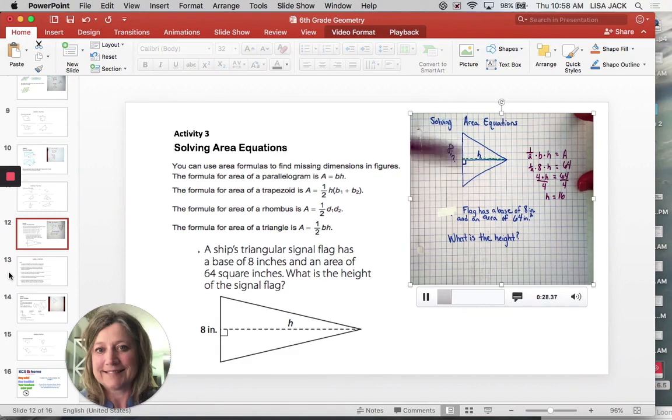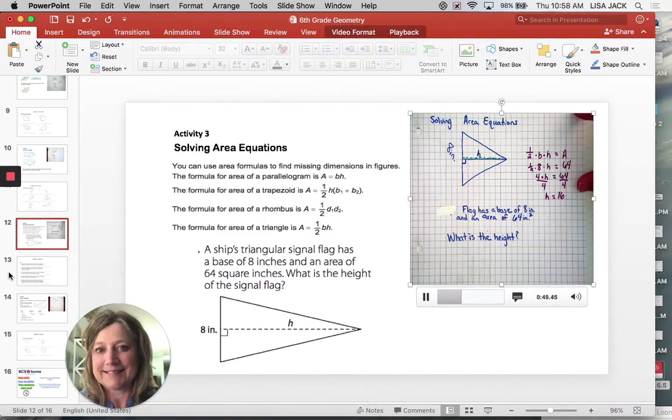That's the base right here. We know it's the base because it's connected to the height, and that little 90-degree angle shows us this is the height. And an area of 64 inches squared. That means everything inside here has to make 64 square inches. It wants to know, what is the height?